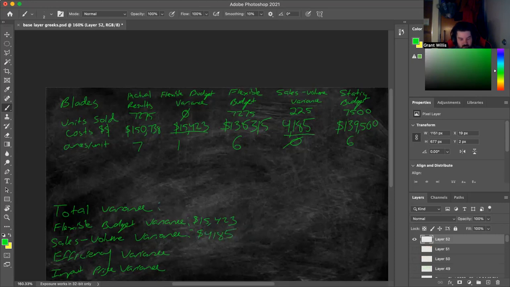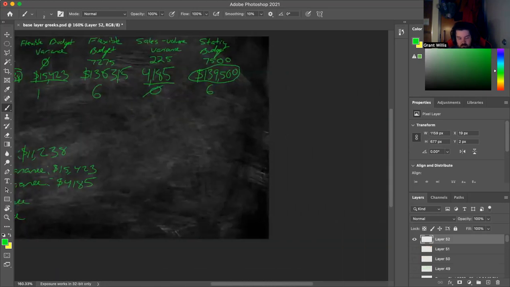Total variance is just taking this number minus this number. You see how it's total because you're going across all the rows. So we subtract that, and we get 11,238. So we got 3 variances. All we need now is efficiency variance and input price variance.